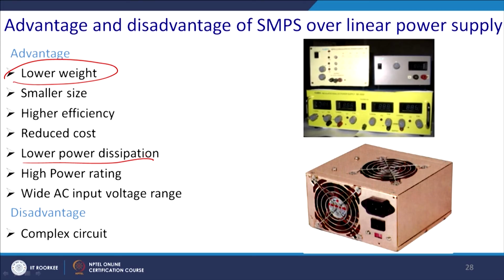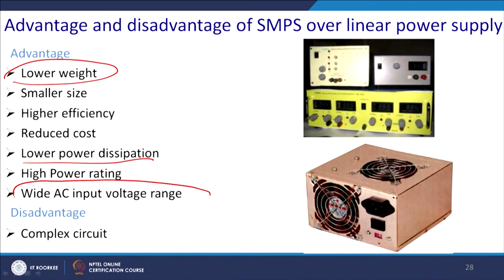It is possible to go for SMPS at a megawatt level, because you may have an offshore wind power plant and want to transmit that power to the HVDC link, and that is possible by a DC to DC converter. It also has a wide AC input variation range, which I was talking about; the same laptop charger can be used in India and USA. But the disadvantage is that the design is a challenge.